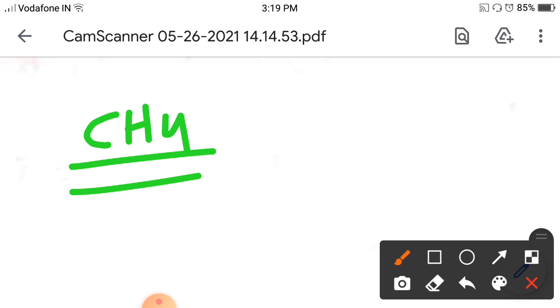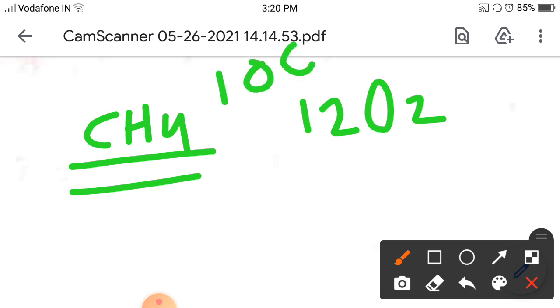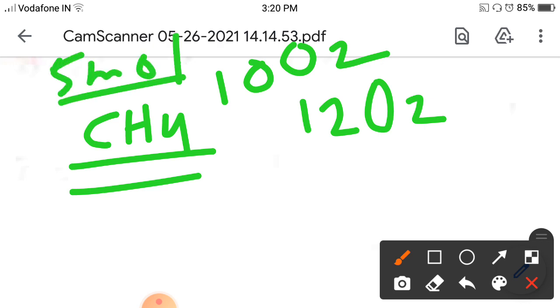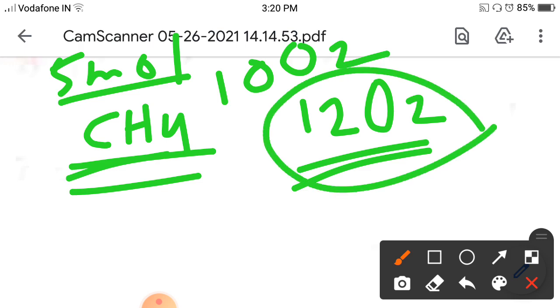Here 12 moles of oxygen is given. You needed only 10 moles of oxygen to react with 5 moles of CH4. So 2 is excess, so O2 is in excess amount. Then we can say that the limiting reagent is CH4.